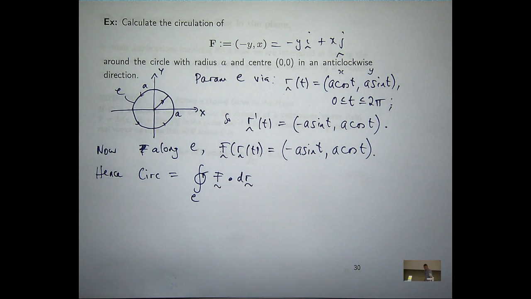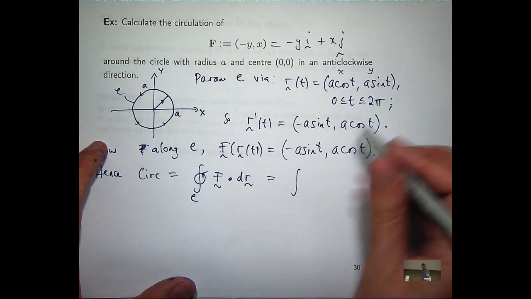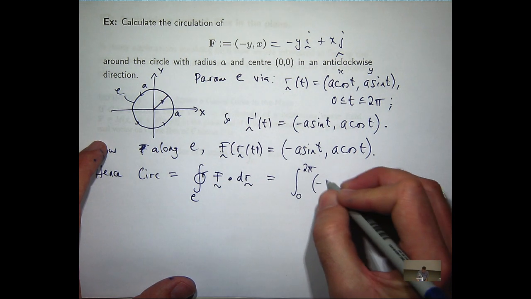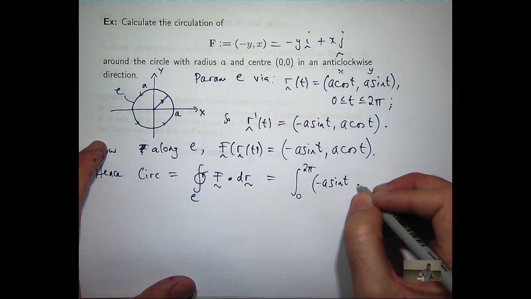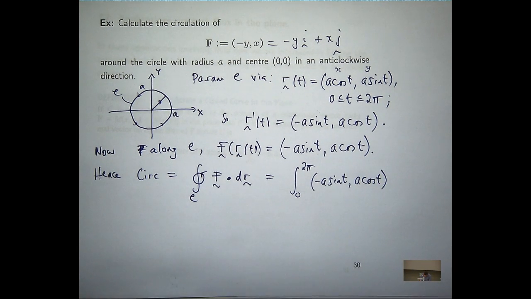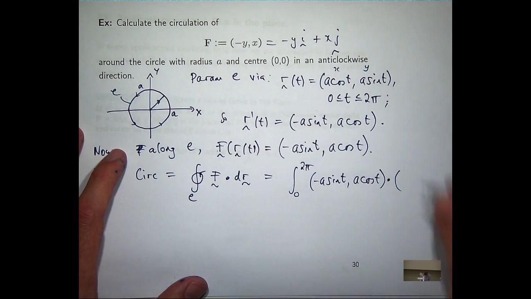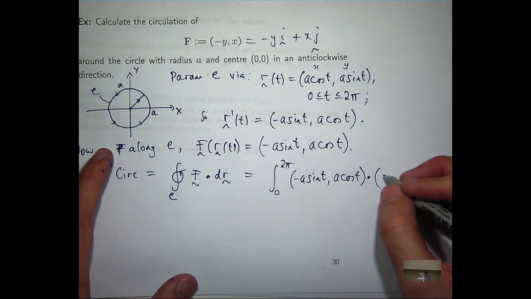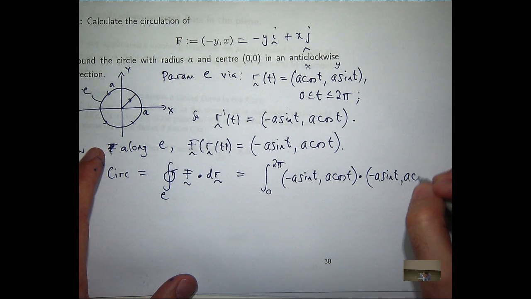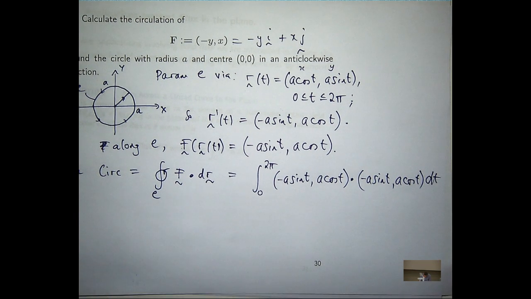So this will be my A and B. Let's work this out. So it's going to be minus A sine t, A cosine t, dotted with this vector here. So I want to integrate that dot product.